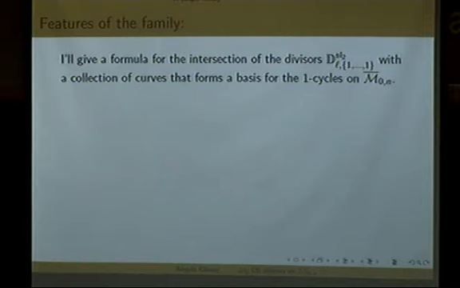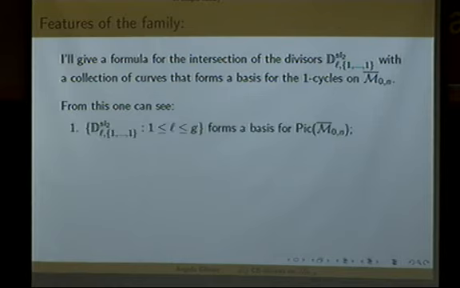I'm going to give you a formula for intersecting these divisors with F-curves, a collection of curves that gives you a basis for 1-cycles. And we can see from this that these divisors form a basis of, that should be M0n tilde. So that's a typo.